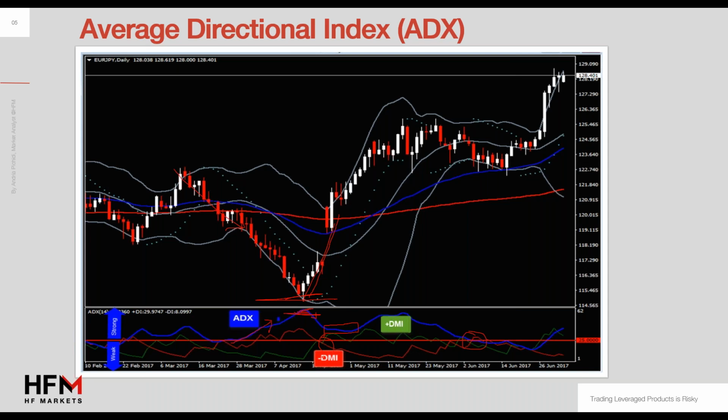That was the very first hint that the trend might change. So you can use the falling ADX for exiting an existing position.